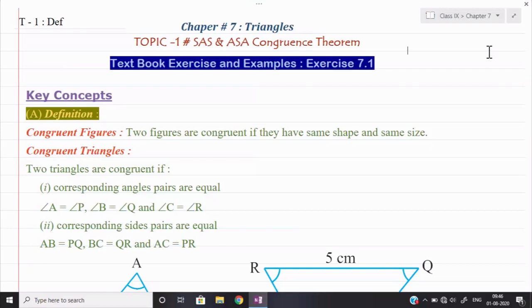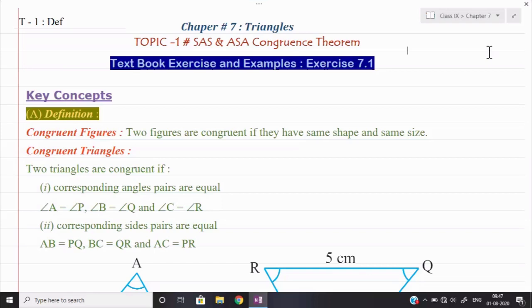First of all we shall discuss what is the congruency of two triangles. Here we are always comparing two given triangles and talking about their congruence. First we should understand the meaning of the word congruent. Congruent means figures or objects which are exactly the same.